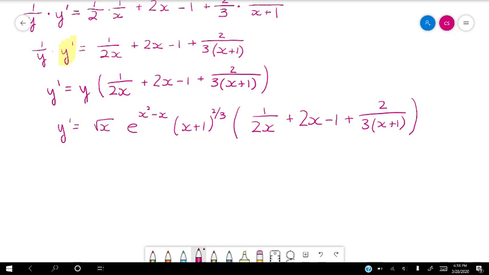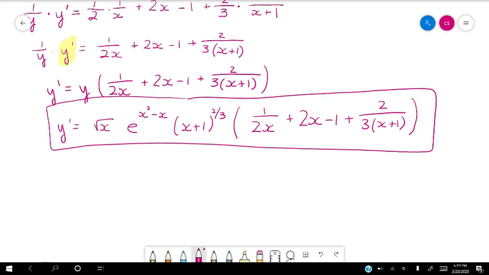Okay. And there you go. So a ginormous derivative, right? And we got to use all these fun techniques. All right. So what else can we do with logarithmic differentiation?